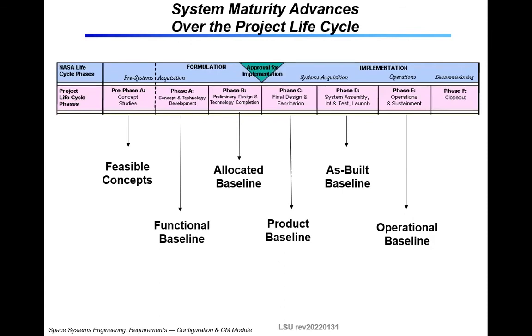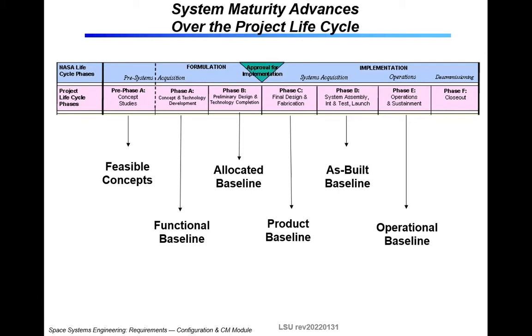So this is an example of what the baselines are when you go through a project. This is going through the standard NASA phases, A through F, which is basically from concept development and initial preliminary design, which is phase A, and then through phase B, which gets you to your preliminary design review.